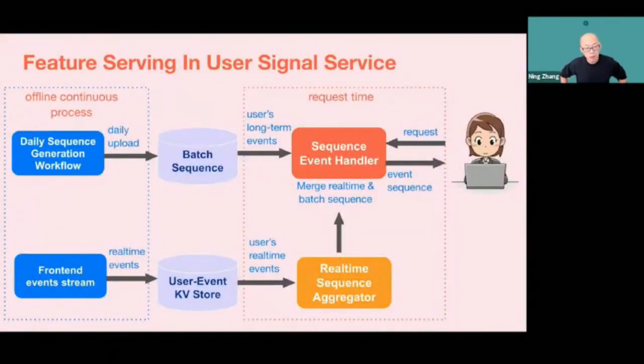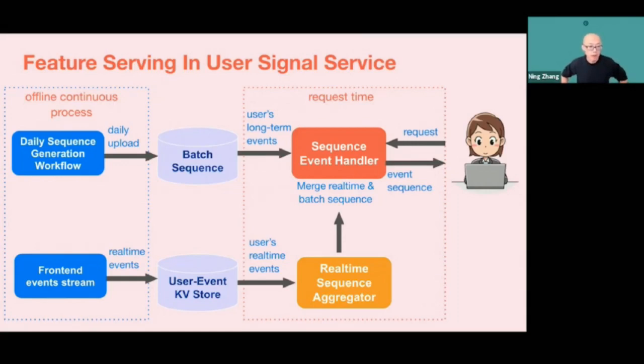At Pinterest, we have a lot of different systems to serve features. For this sequence feature, we chose the user signal service to serve the features. The reason is that it can incorporate both batch processing as well as real-time processing. As Yiping mentioned, both the long-term interest as well as the real-time interest are important for model performance.